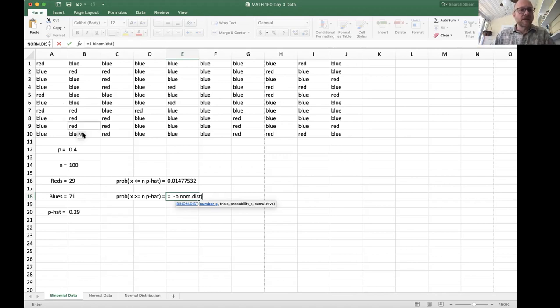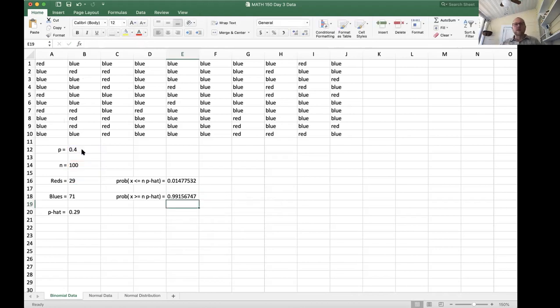So what I'm going to do is to click there on that B16 and say minus 1, because now it'll be 1 less. And then the number of trials is still 100, and the P is still 0.4, and we are still going to want things that are cumulative, okay?